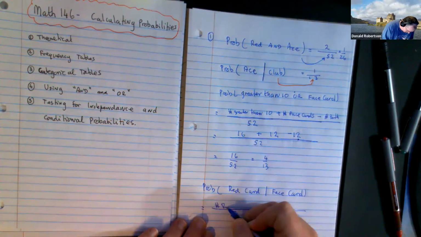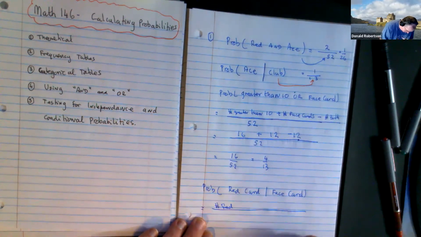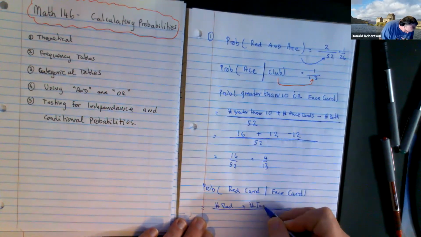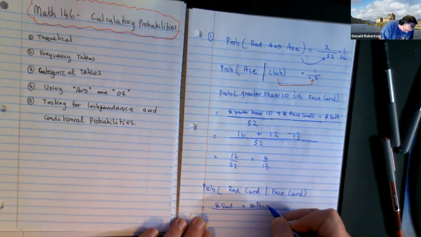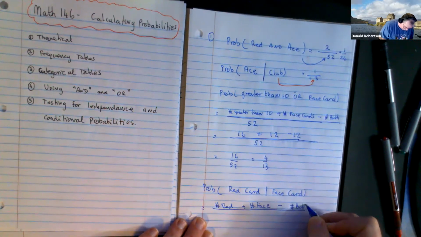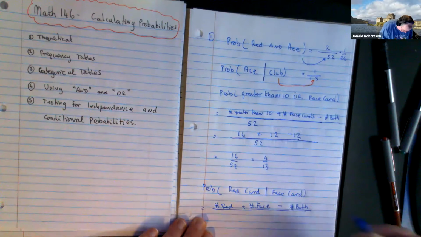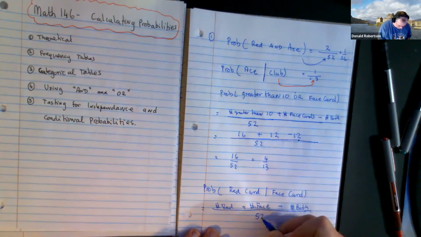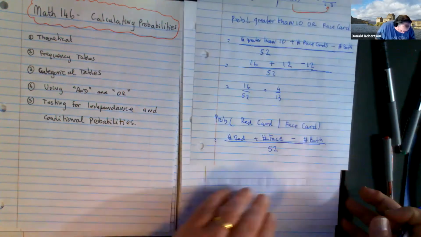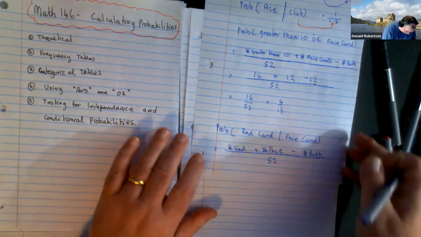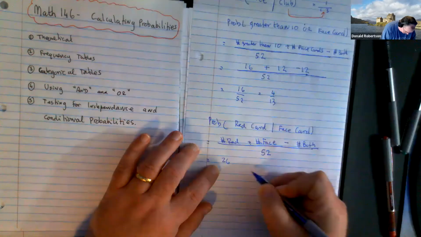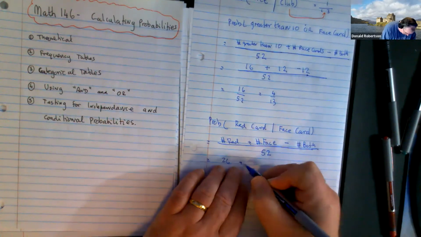You find the number of red cards, you add the number of face cards, and you take away how many are red face cards, I guess. And it's a one card deal, so it's still over 52. Well, we know that there are 26 red cards. Used face cards again, there's 12.